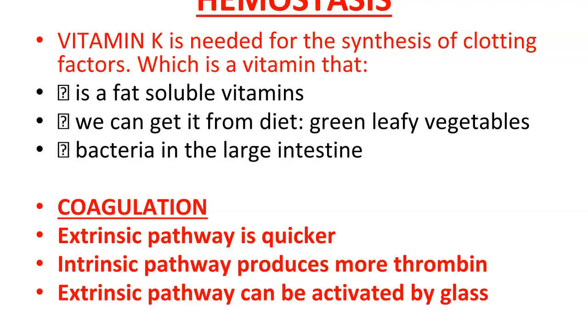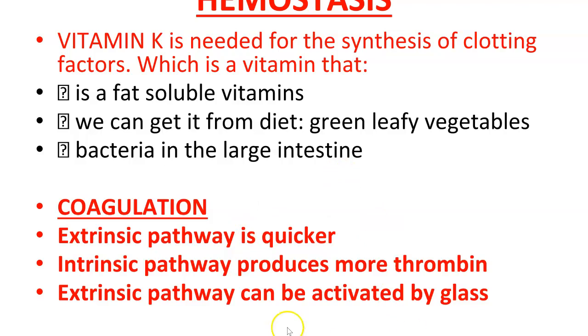So this will be one way to measure how quickly the extrinsic pathway is going to start working, by measuring how long it takes for the clotting to be completed. This also means that when we collect blood in a glass test tube, if we don't want it to clot, we're going to have to add an anticoagulant to the test tube.